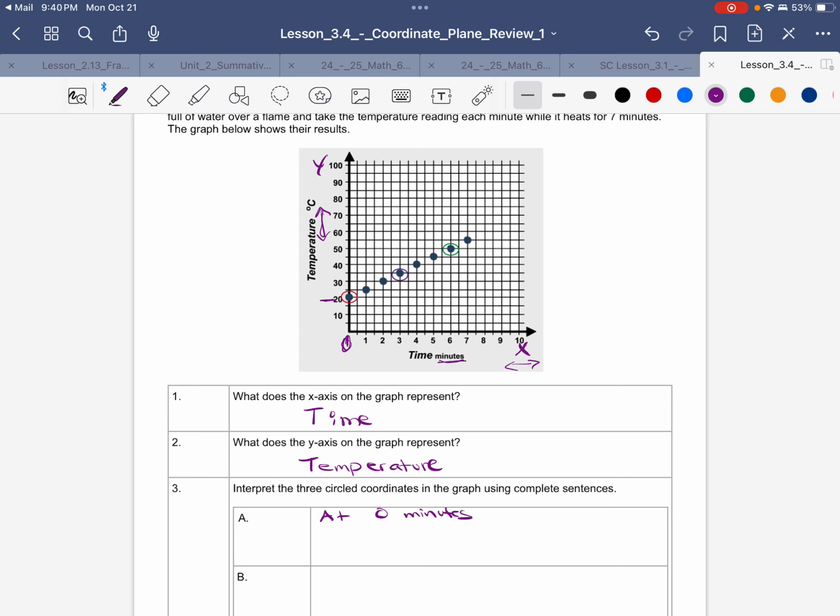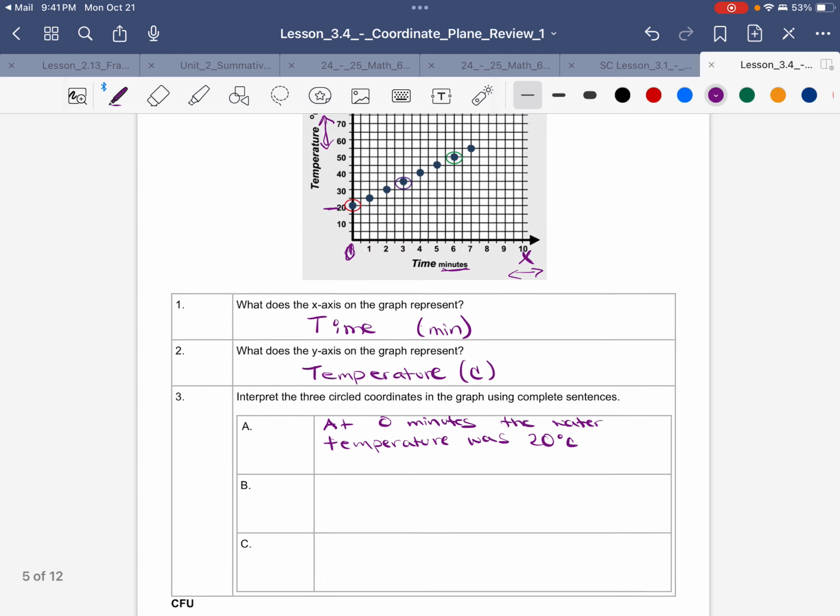So it is time, but my units are minutes, and temperature is units are Celsius. At 0 minutes, the water temp, let's bring that to the next line. Temperature was 20 degrees Celsius.